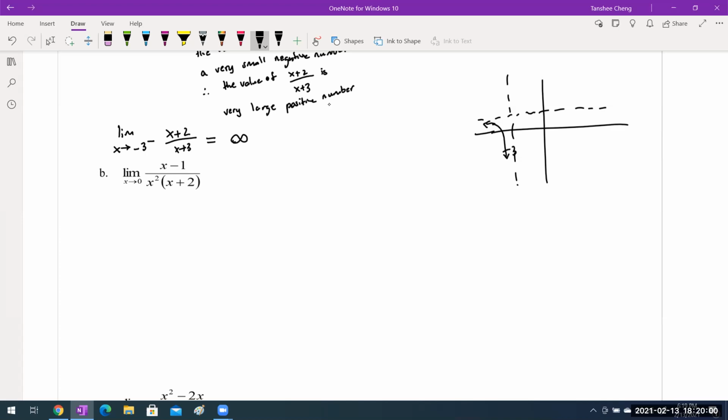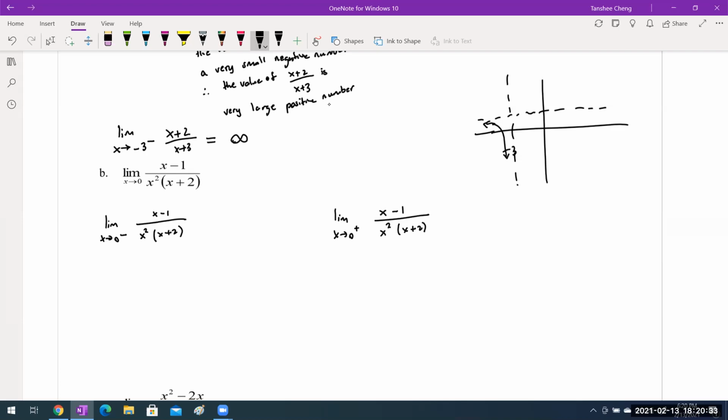So in order to talk about the limit, we need to talk about the limit as x approaches 0 from the left-hand side, and the limit as x approaches 0 from the right-hand side of the function. Only if both of the limits are the same do we say the limit exists, by definition. In this case the function is not defined, but we want to look at what happens to the limit. So the same idea that we can use, right?